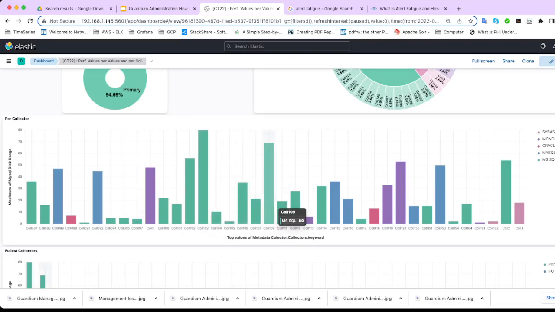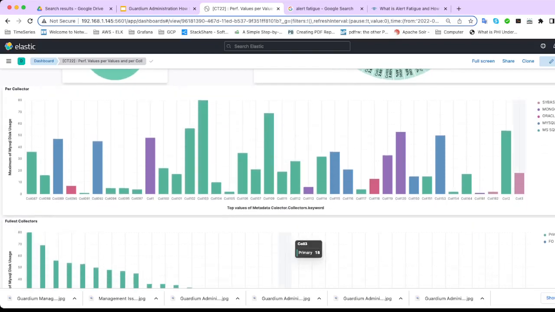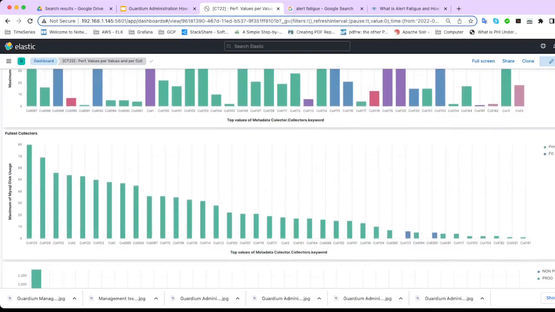This one has 80%, and this is the equivalent of alerts. You can also have this chart, where you order the collectors by size, I mean by how full they are. And here you can quickly see that those two are the ones you need to take care of.